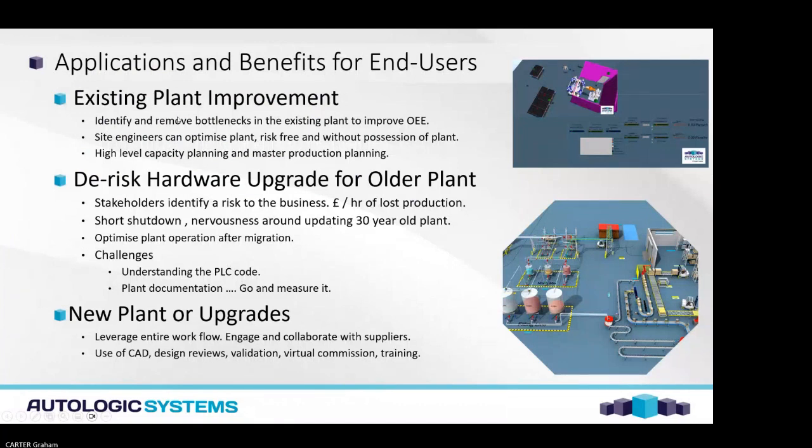So we've focused on some headline applications and benefits, particularly for end users. Think of existing plants before there's any changes. Your engineers on site will have identified where there's bottlenecks, blockages, or starvation, or processes that are linked together that they can see could be more efficient.